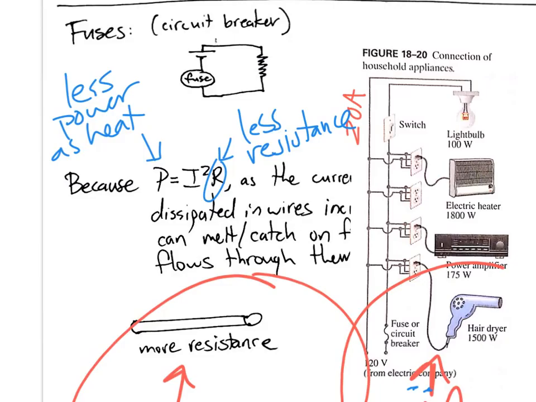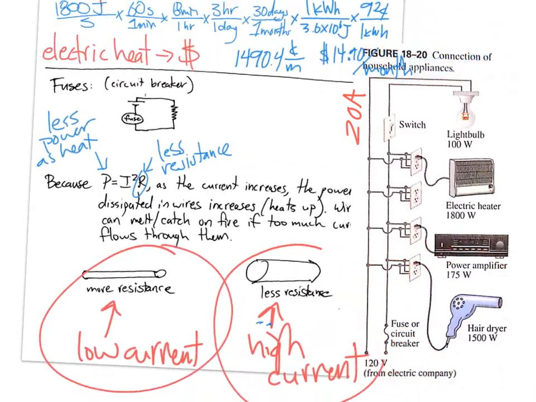Meaning, if you have two different wires both running the same current, this one's going to get hotter, and this one won't. So bigger wires are safer in terms of being resistant to catching your house on fire.